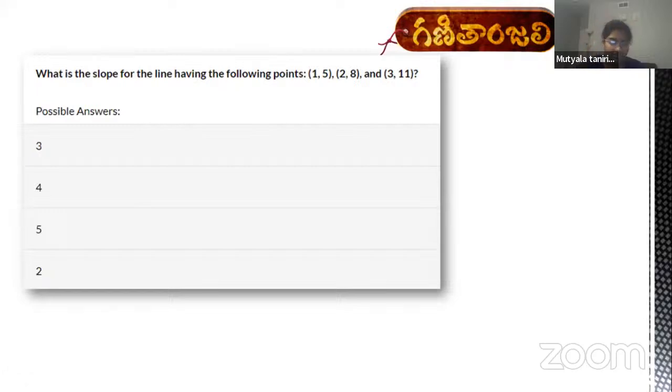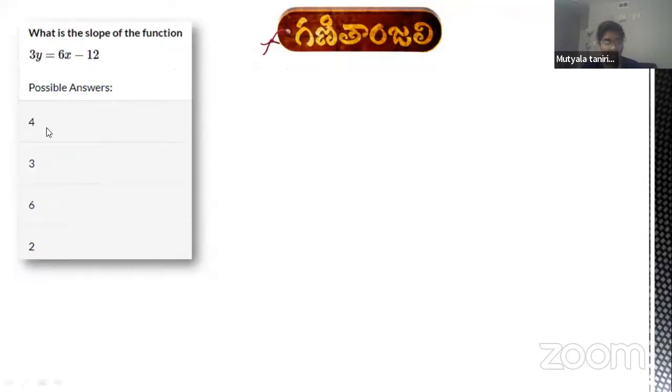Oh, I remember doing this, but let me do it. So is the answer 4 or something? I don't remember what we did last. You can choose any 2 points. The answer is 3, sir. Option 1. Simply 2.